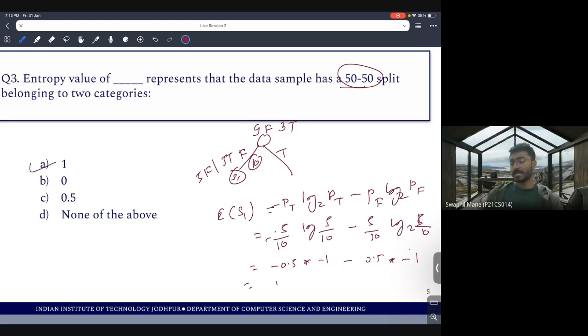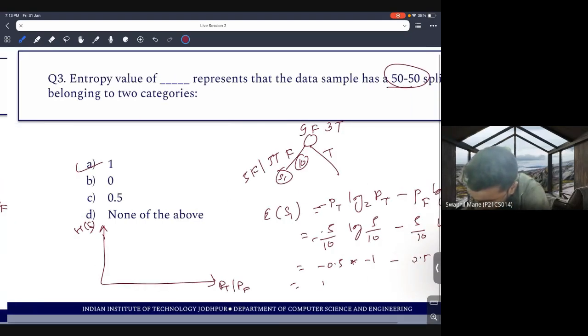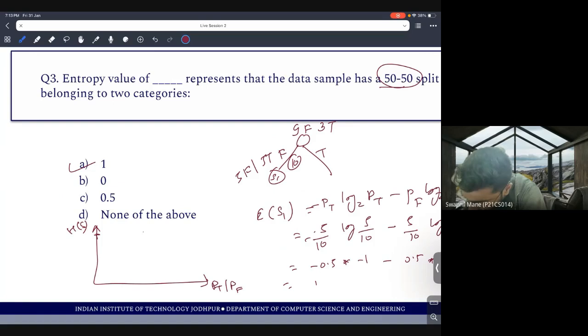So here let's see how these values change over the graph. Let's take entropy here, and the probability of true and the probability of false. As we saw here, for entropy 1 we are getting a 50-50% split, that probability is 0.5, right?